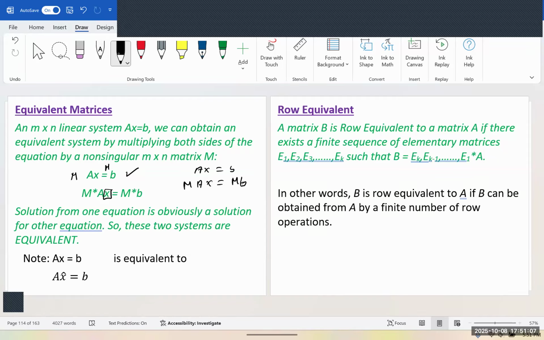A matrix B is row equivalent to a matrix A if there exists a finite sequence of elementary matrices such that when you multiply A on the left side by all these matrices, they turn into B. So you keep multiplying on the left side, and eventually if the whole result turns into B, then A and B are equivalent.